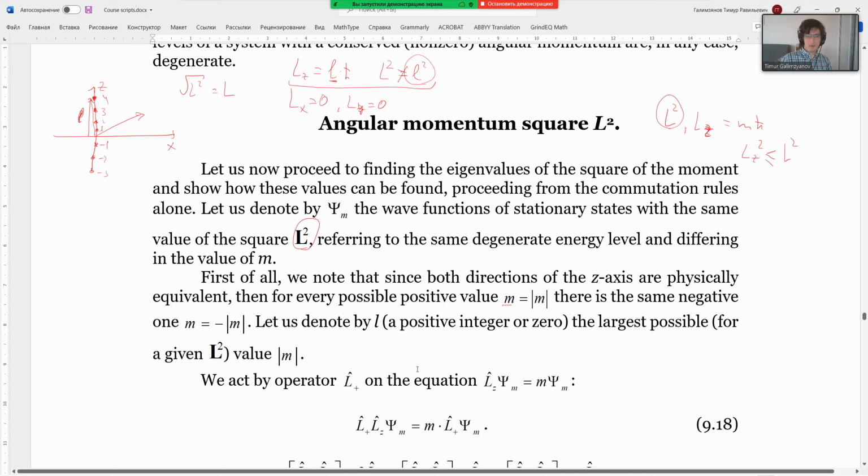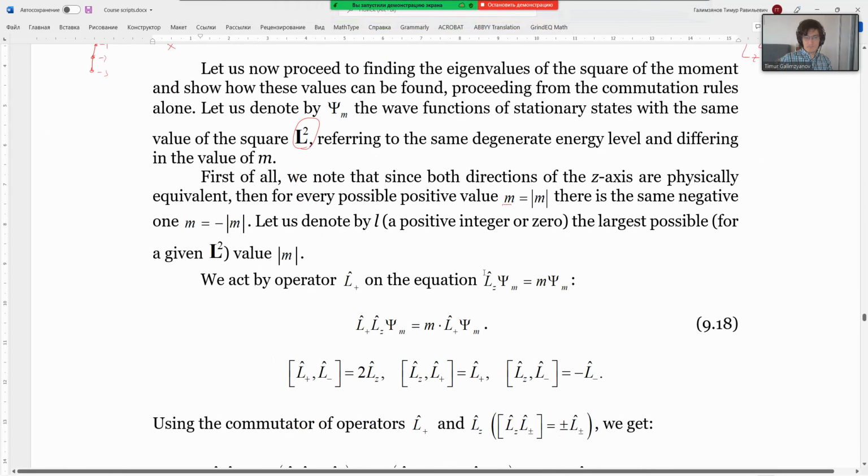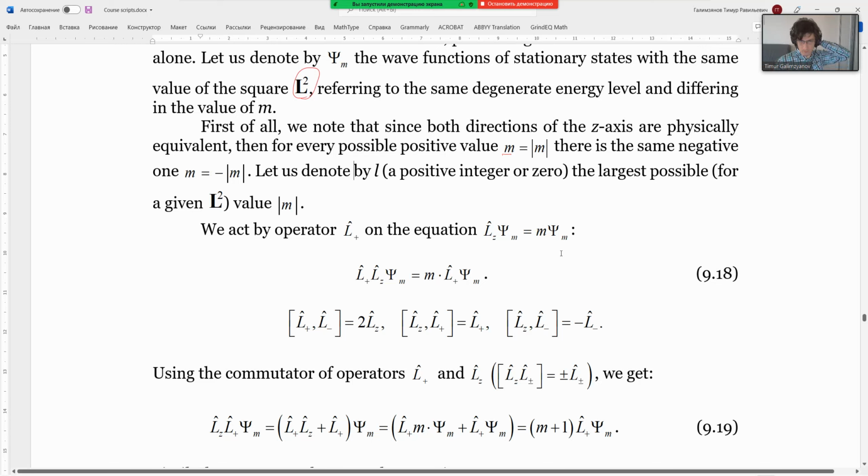And we denote by small l the largest possible projection of the angular momentum on the z-axis. In that case, l equals 4. Okay, so let's do some math.